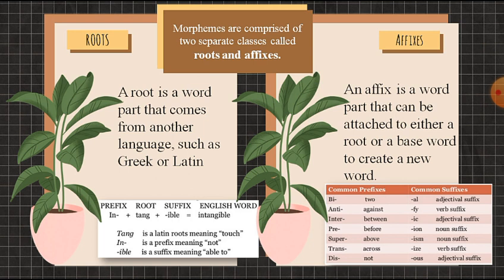The roots are the basic words, and adding al makes them adjectives, ive is adjective, ic is adjective, ion is noun, ism is noun, ize is verb, ous is adjective.